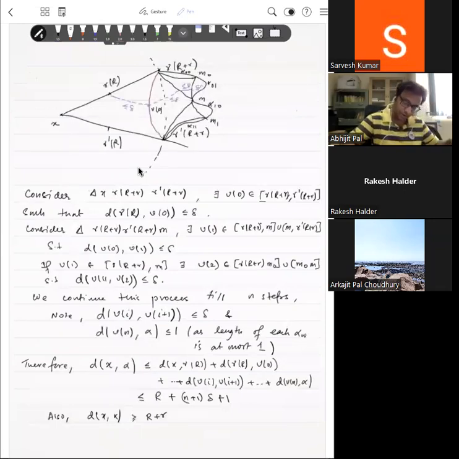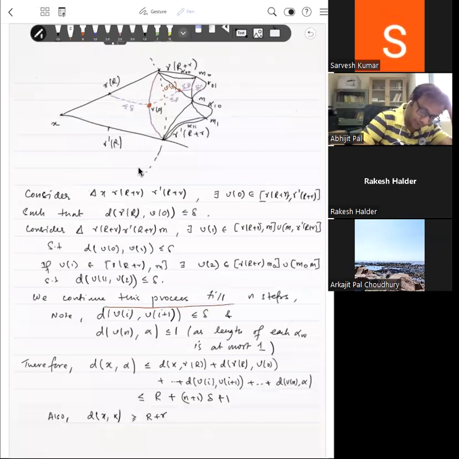Now after the nth step, the first point is V0, then V1, and then Vi. We have continued this process till n steps. So the distance between Vi and Vi plus 1 is at most delta.